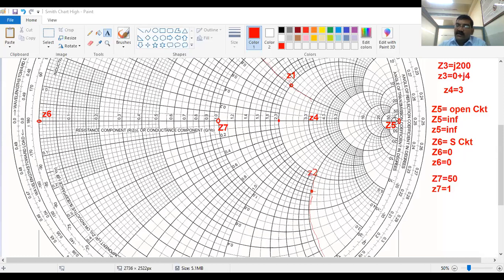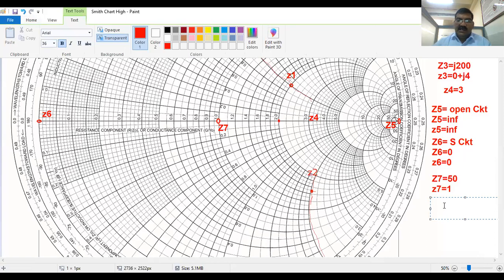And z8, I'll just go for the z8. It is somewhat critical. So capital Z8 equals 184 minus j900.